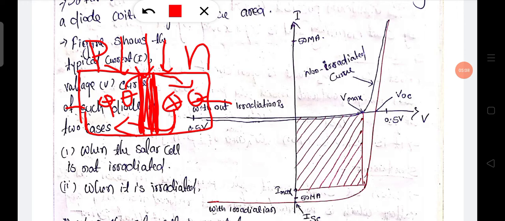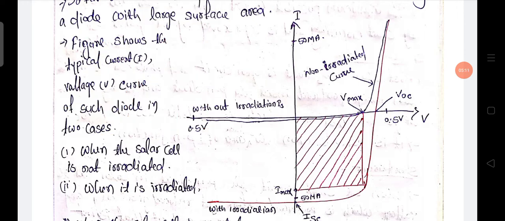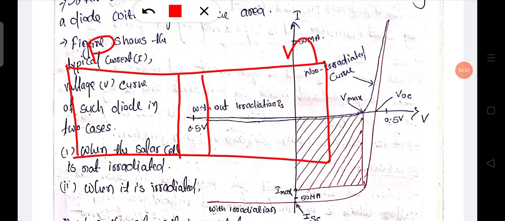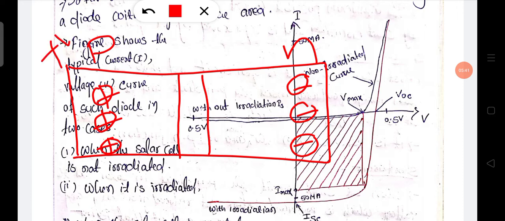After migration, this is p type, this is n type. Excess electrons are deposited here, and a deficiency of electrons, which is called holes, is deposited on the other side. So one side became positive and the other became negative.